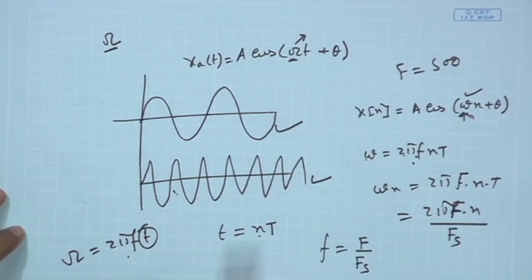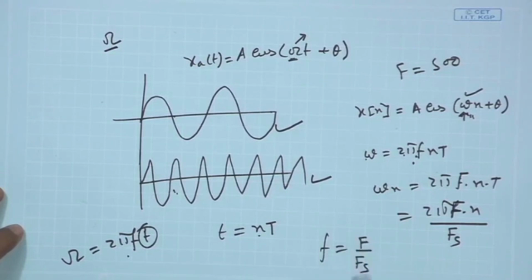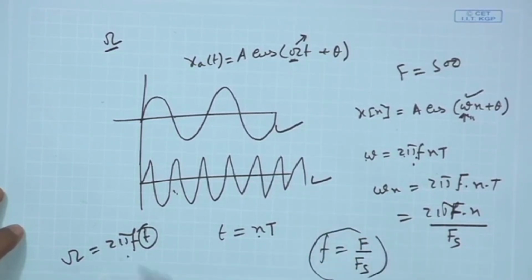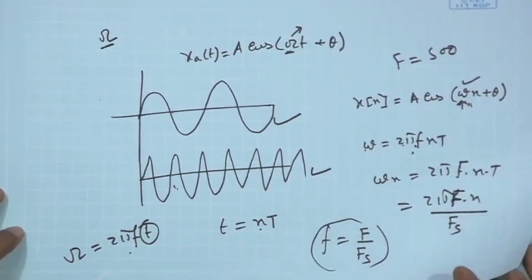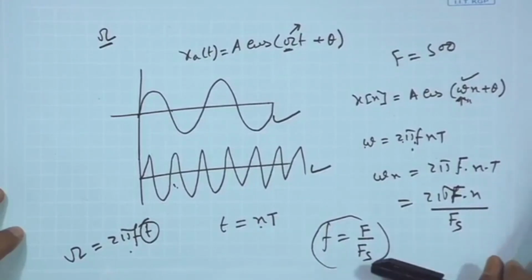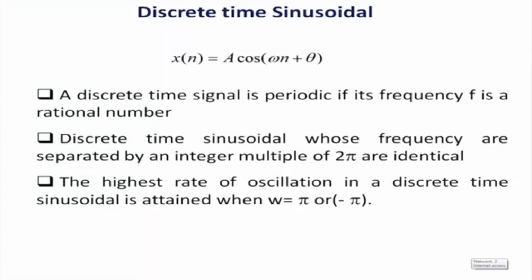If this is a rational number, then only it will be periodic. I am not discussing the number system, what a rational number is. And discrete time sinusoids whose frequencies are separated by an integer multiple of 2 pi are identical.